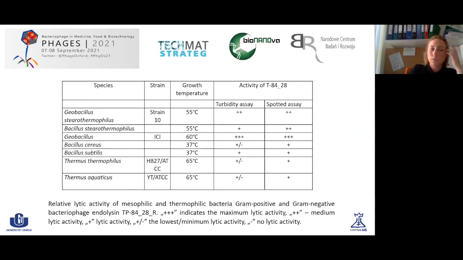To determine the host specificity of fusion endolysins, the lytic activity was tested on various gram-negative bacteria species and Bacillus strains. Lytic activity was measured by turbidity assay and estimated via spot assay. Mesophilic and thermophilic bacteria, gram-positive and gram-negative, were used to test lytic activity, and endolysin with a binding domain was investigated.